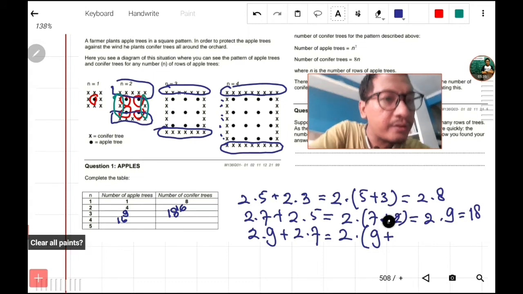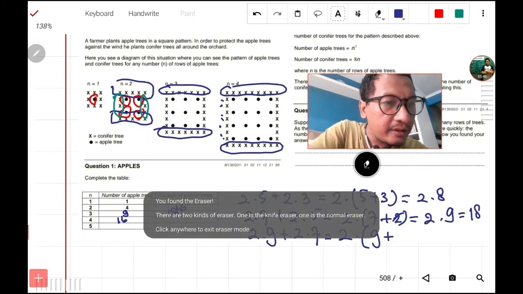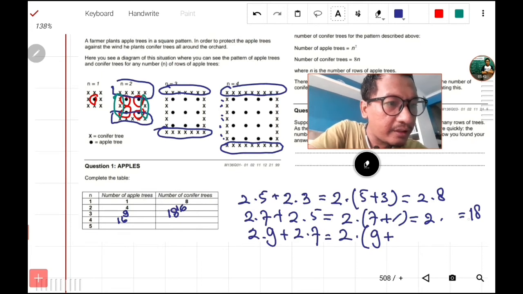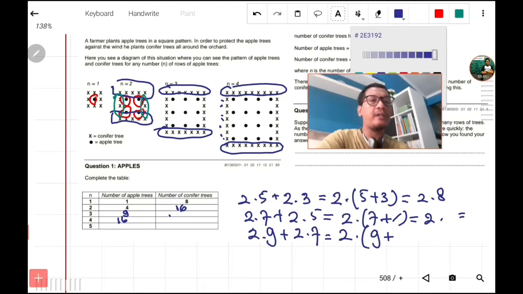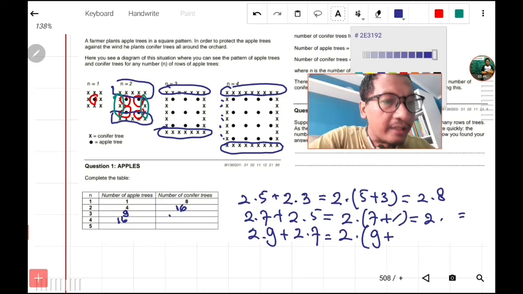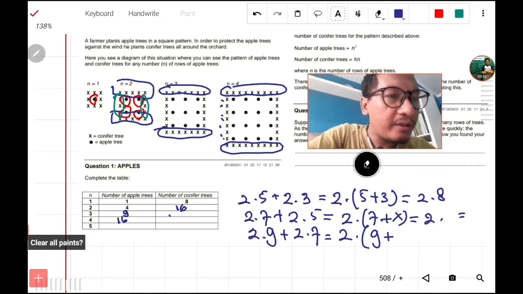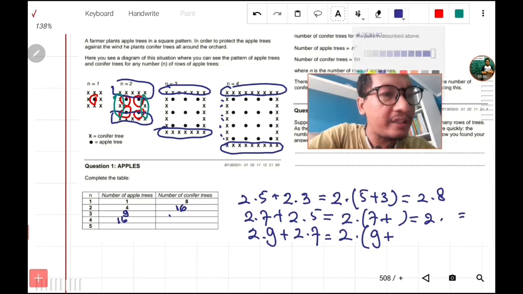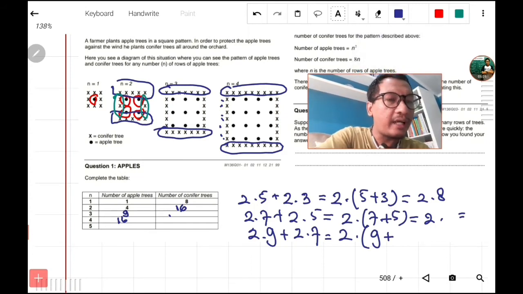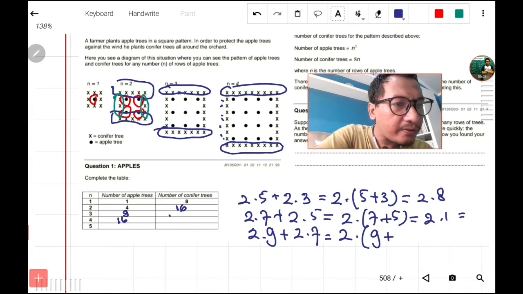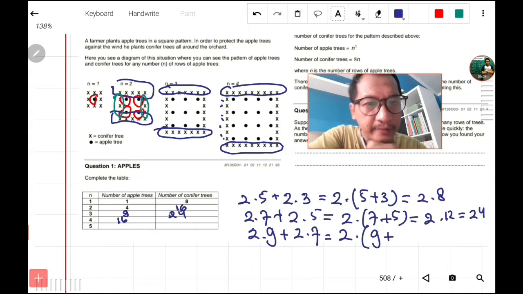This is 5, so we get 2 times 12, which is 24.